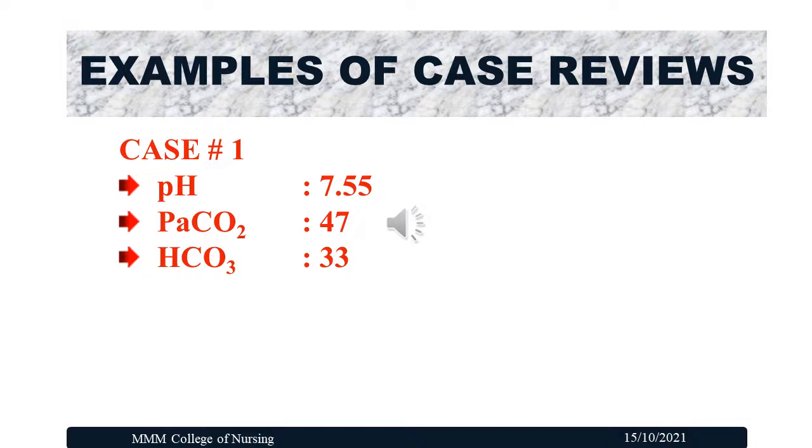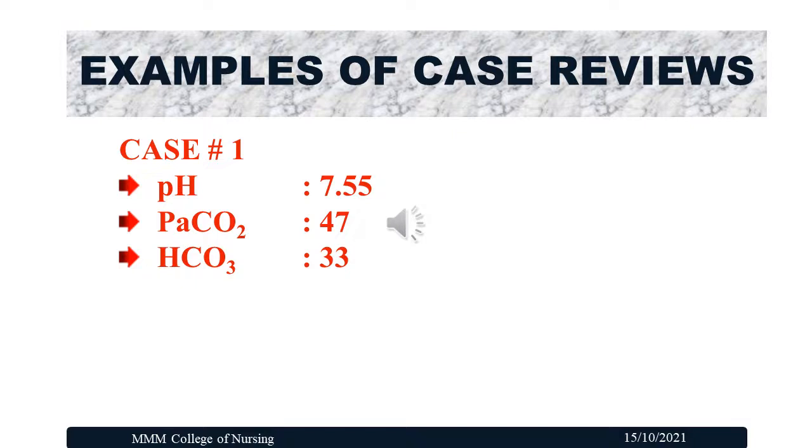So let's move on to case scenario 1. In this, the pH is 7.55, partial pressure of carbon dioxide is 47 and bicarbonate is 33. A pH of 7.55, so it is alkalosis. Partial pressure of carbon dioxide is 47 and bicarbonate is 33, so it is metabolic alkalosis.